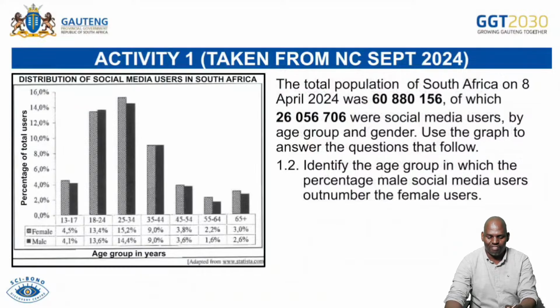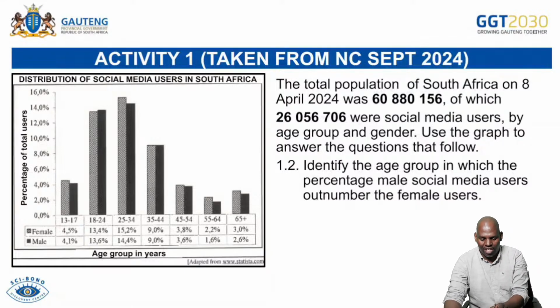1.2 is still on the very same information. The total population of South Africa on the 8th of April 2024 was 60,880,156, of which 26,056,706 were social media users by age group and gender. Use the graph to answer the questions that follow, and this is 1.2.